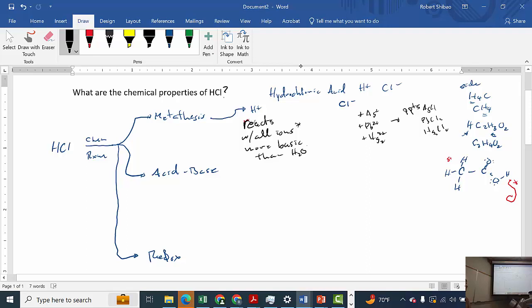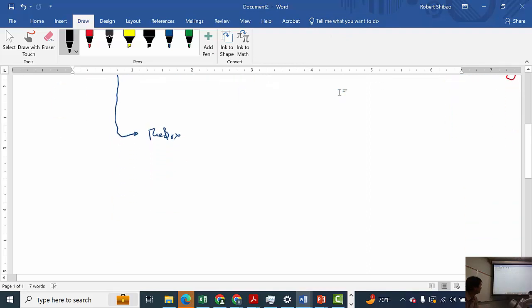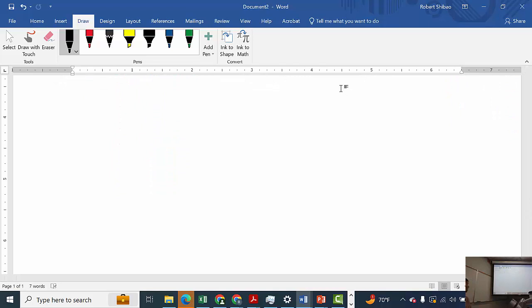Because ammonia can participate in metathesis reactions, but these are amines. Maybe we'll talk about it today a little bit here. And then there are other classes. So amines can participate in metathesis.